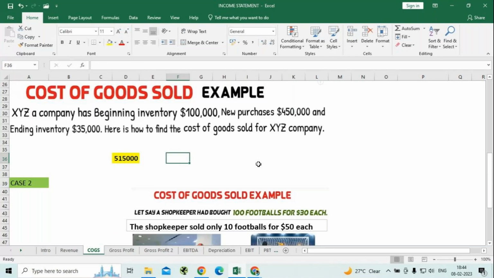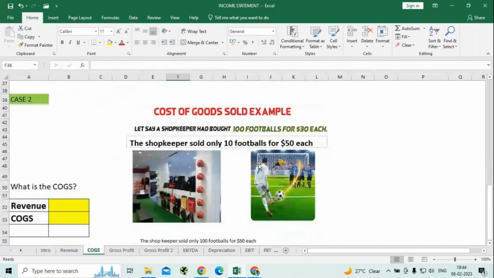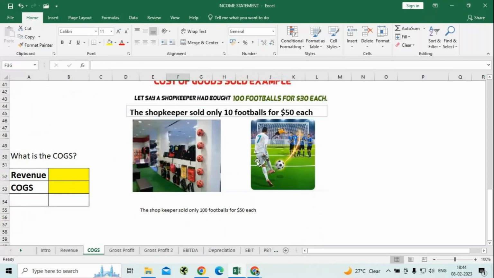Fine. So let us take case number 2. Here a unit quantity has been given. Please see this and let me know the calculation of the revenue as well as the calculation of the COGS value. Can anyone try? Even if it is wrong, it's okay. Please let me know how we calculate this.